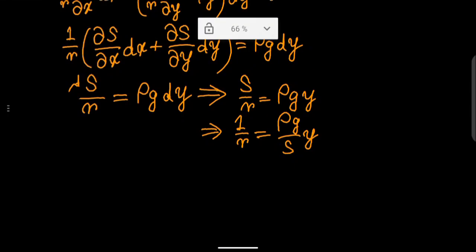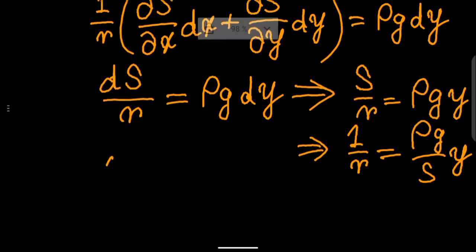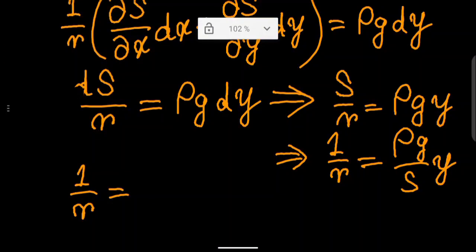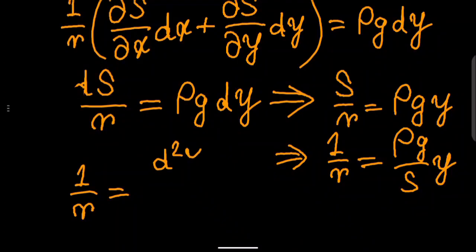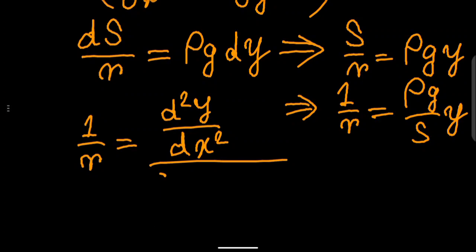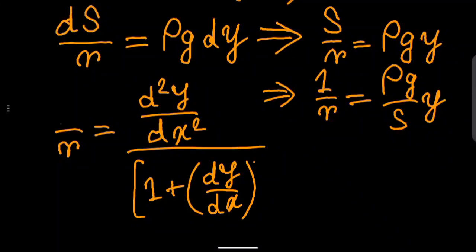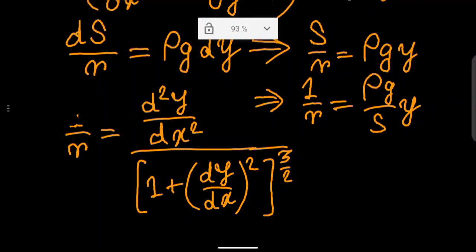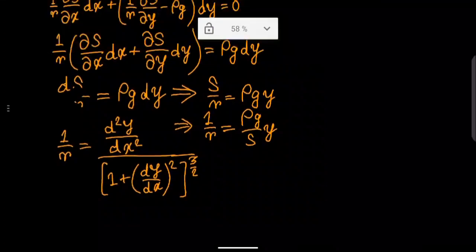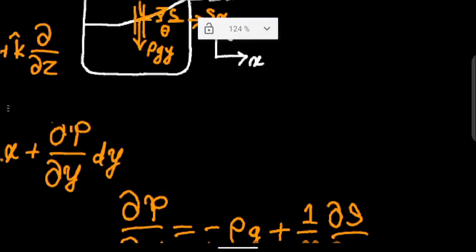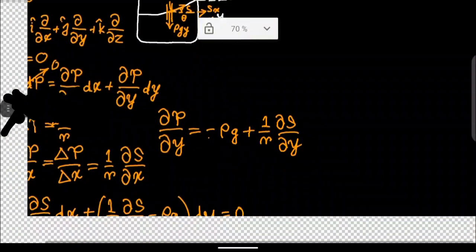Okay, now I hope you know that if the radius of curvature is R, then this term is basically d2y divided by dx2, this whole divided by 1 plus dy dx whole square to the power 3 by 2. Okay, and now here we were given that this angle theta was very small, as you can see in figure 2.